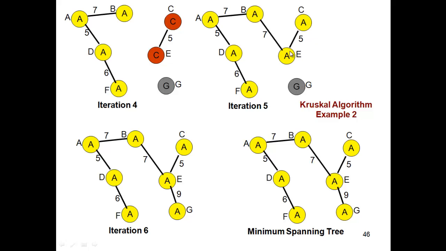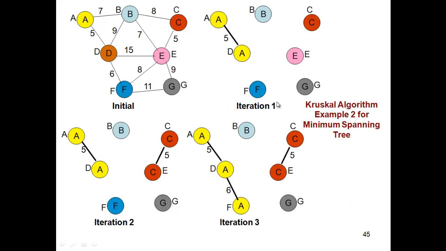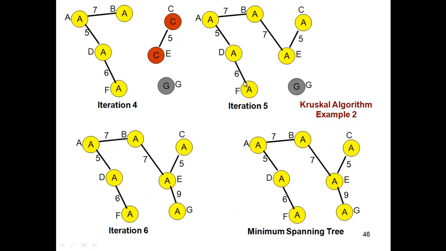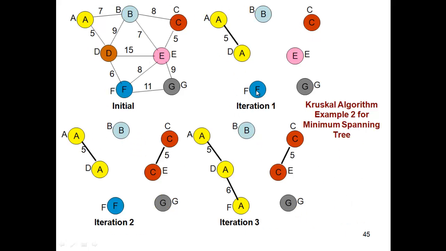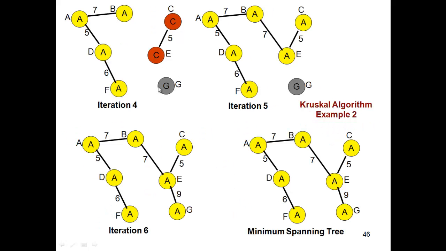So you need to basically look for connecting G. If you want to connect G to the rest of the component, this is the whole other component, we pick the smallest edge weight essentially. So between 9 and 11, you will pick 9, and that's connecting E and G. E is in component A, G is in component G. So they are two different components, so you can connect them.